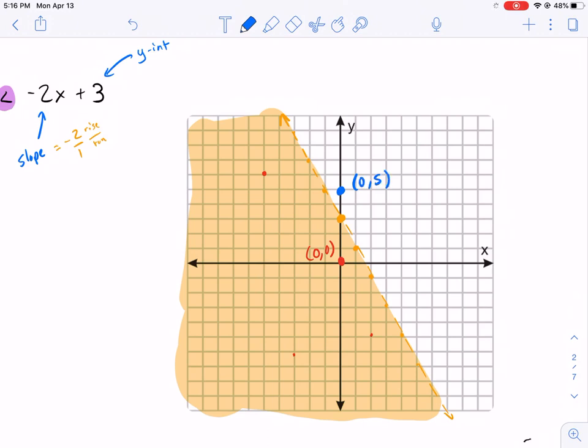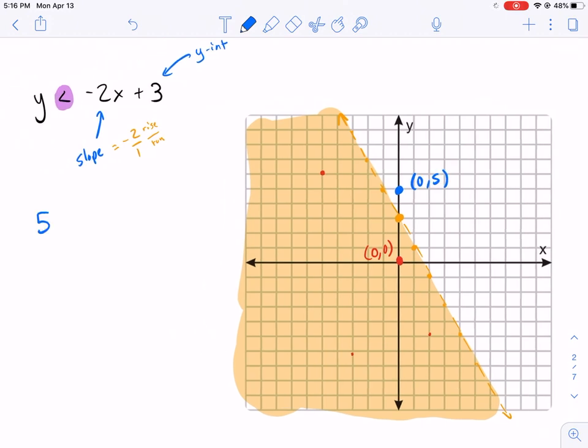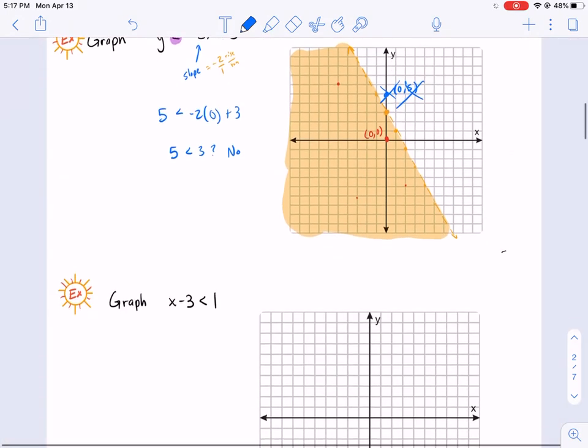I'm going to plug in 5 for y, is less than, not equal to, negative 2 times 0 plus 3. Is 5 less than 0 plus 3? Is 5 less than 3? No. So these points are not a part of our solution.